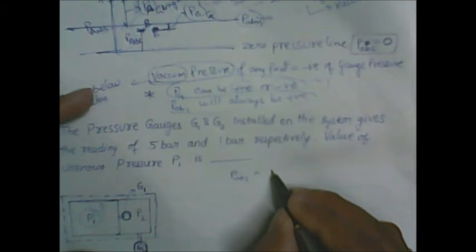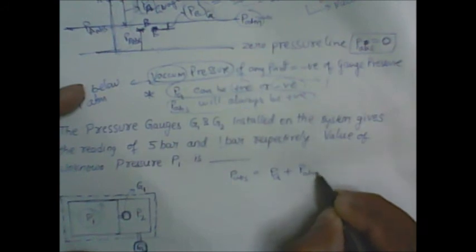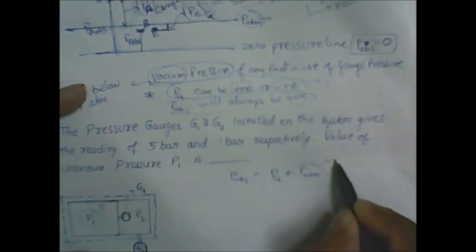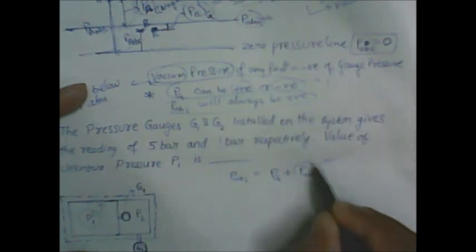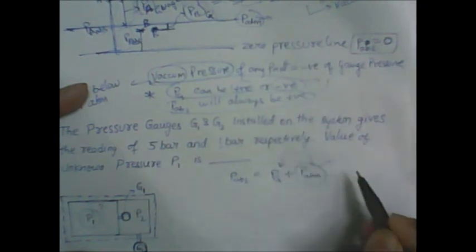In formula, P absolute equals P gauge plus P atmosphere. Don't confuse this P atmosphere with our environment, which is 1.01 bar, which is not always correct. This P atmosphere is the surrounding pressure in which the pressure gauge is placed.